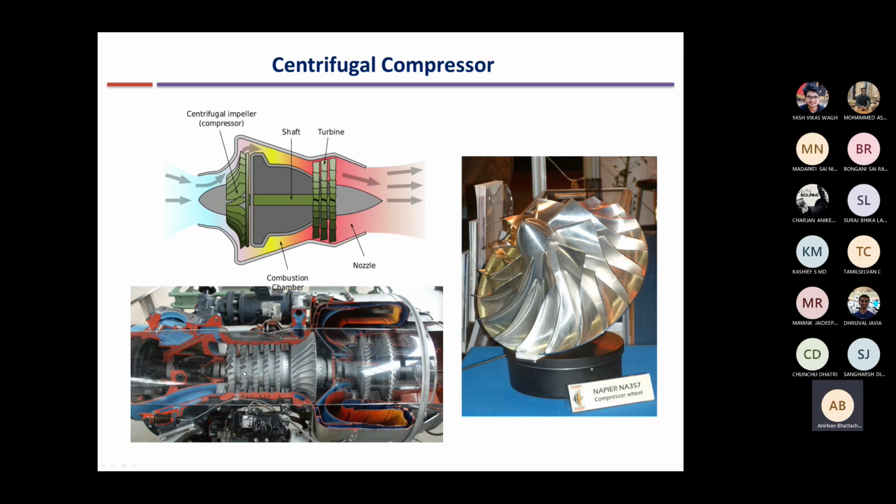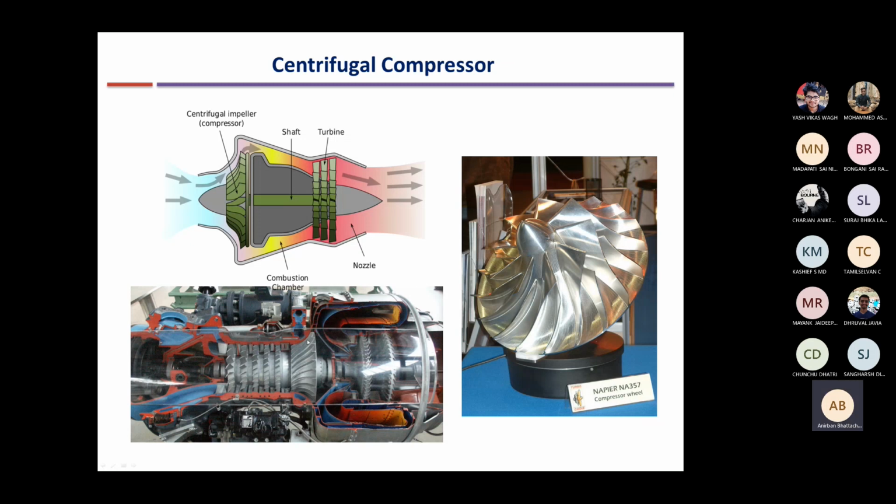Each of the axial compressor stages will increase the pressure by a smaller amount, 1, 2, 3, 4, 5 stages, and then a single centrifugal compressor stage will raise the pressure by a significant bit. So we can replace multiple axial compressor stages with a single centrifugal compressor stage.